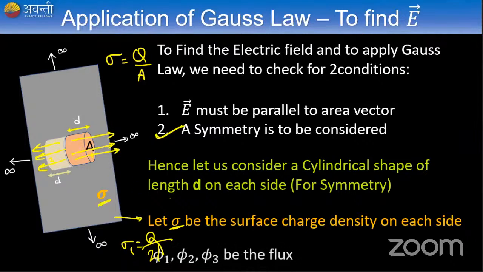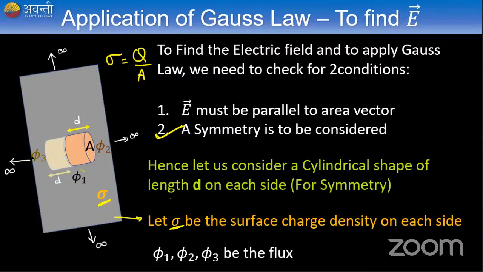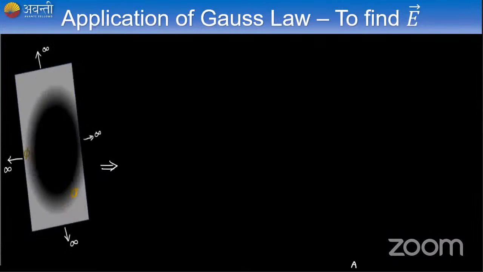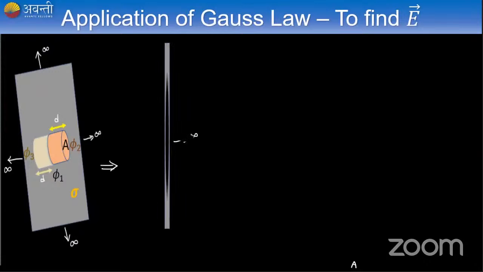Okay. Now, let us consider the flux passing through these three surfaces of the cylinder as phi 1, phi 2, and phi 3. Let phi 1 be the flux because of the curved surface, and phi 2 and phi 3 be the flux through the plane surfaces. Now, if we try to apply Gauss's law, we'll again consider this.